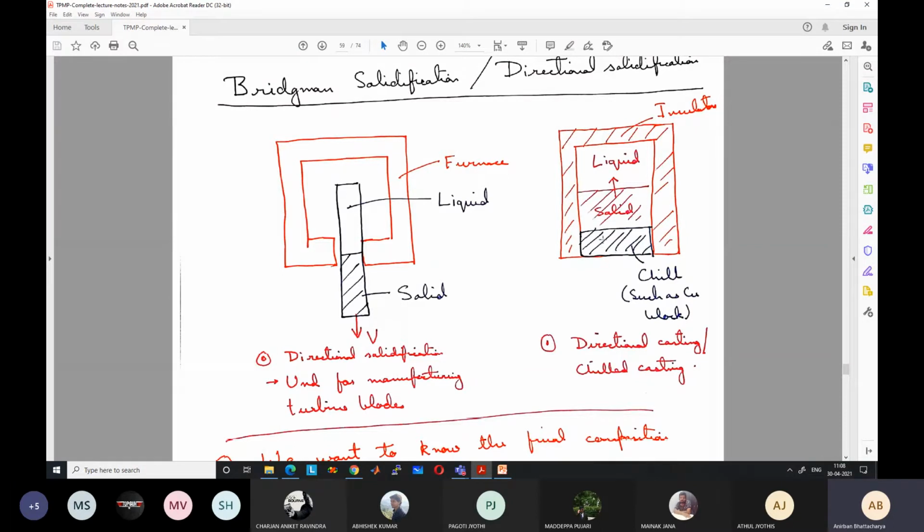It won't occur on the sides because the other sides are insulated. So solidification will proceed from the bottom towards the top. Although the mold is not moving, this will also be a 1D solidification, and in this case also we can study the concentration variation.